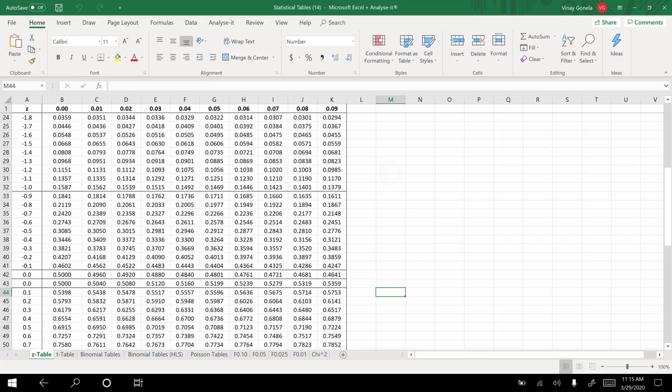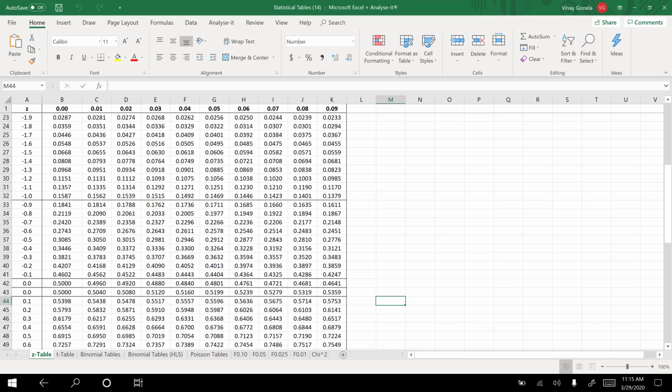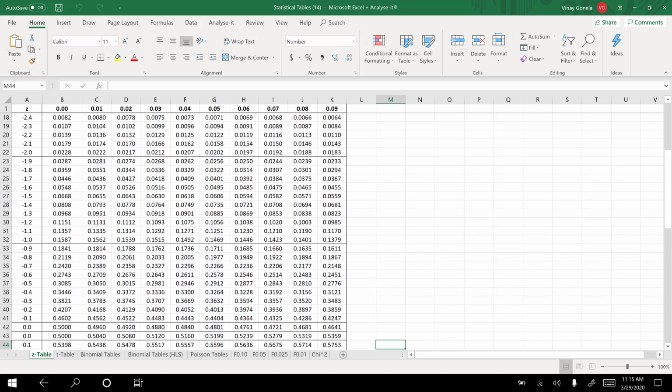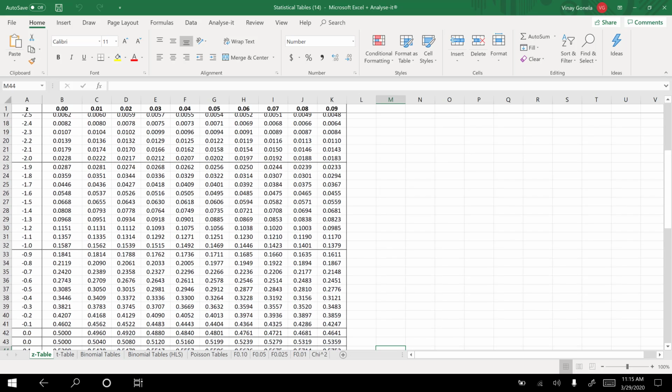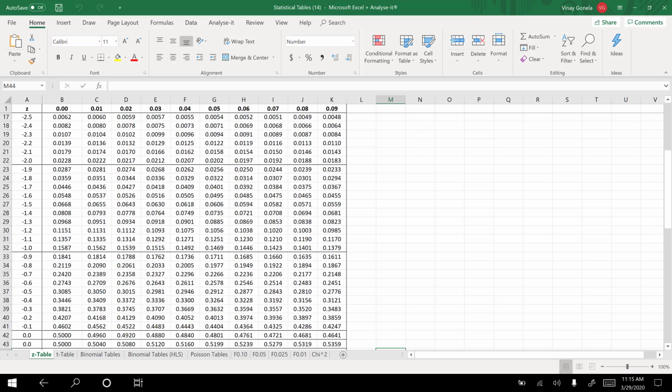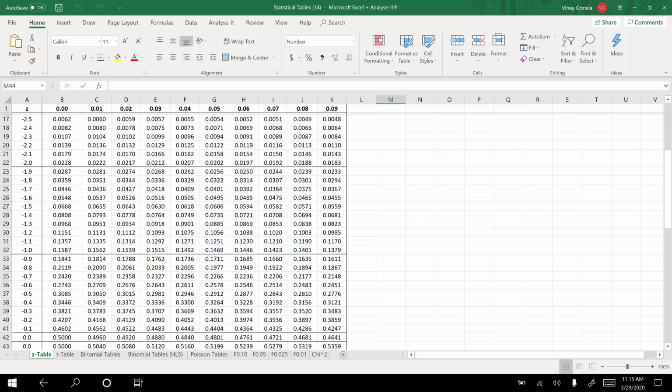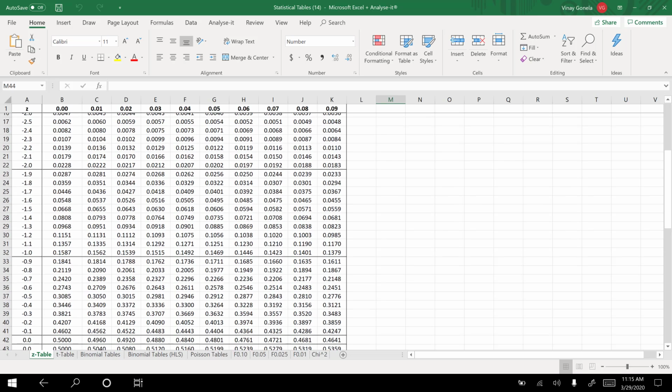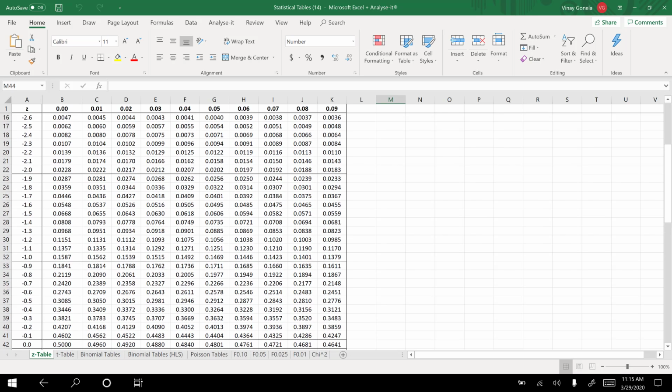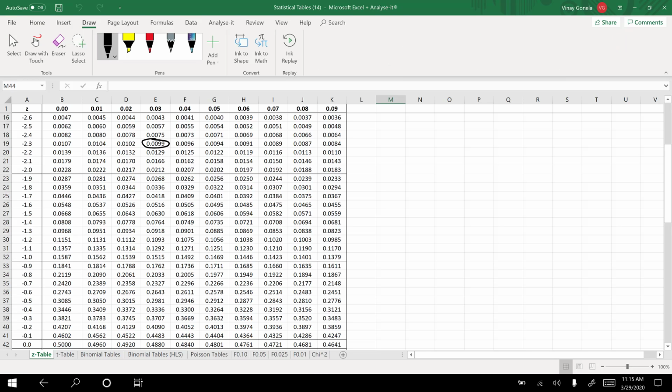So I go here and look for 0.01. So 0.01 will be either this or this.